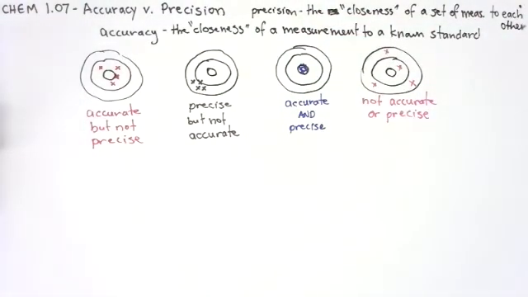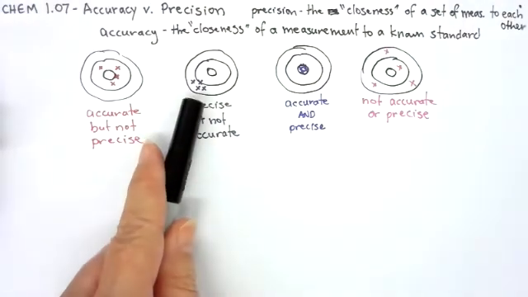So when we're measuring precision, we're measuring several different measurements, and we're going to see how close they are to one another. So hence we have precise but not accurate.